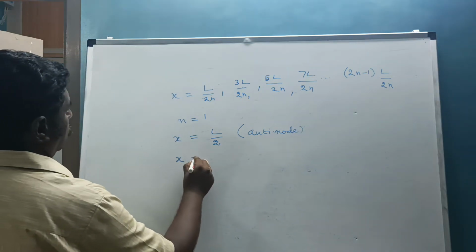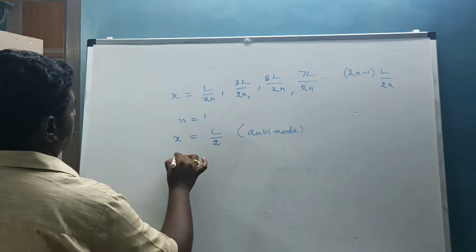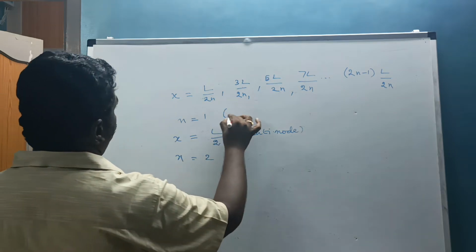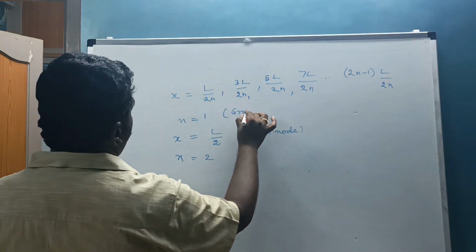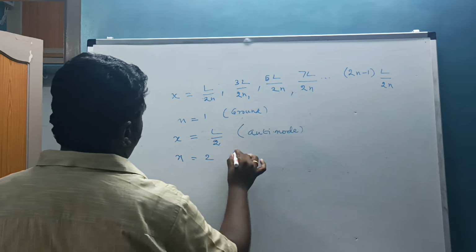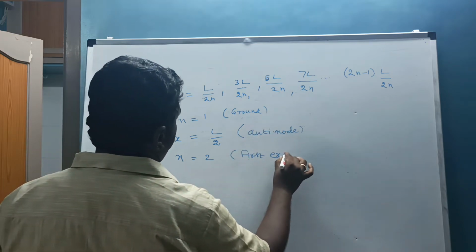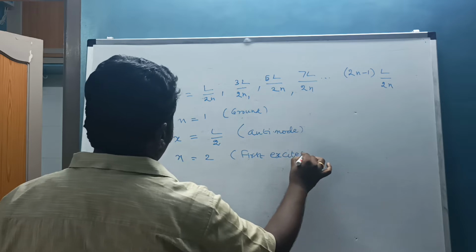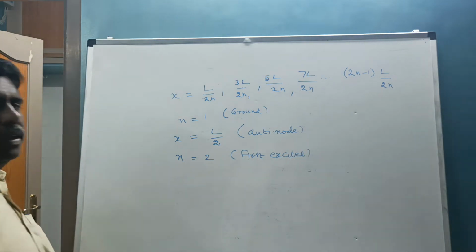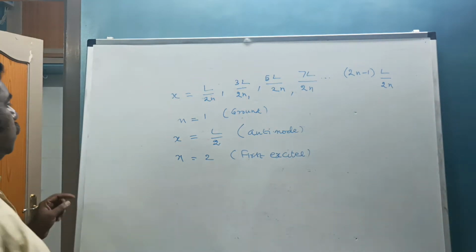This is ground state. Suppose n equal to 2. This is first excited state. For this first excited state, we can get two antinodes.